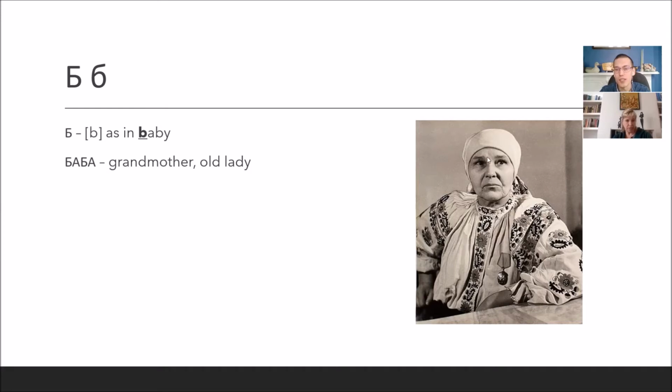And what is important is that you can see a picture here. This particular Baba or old lady is Maria Primachenko, the artist who painted the painting at the very beginning of this presentation. So Baba, grandmother or old lady.